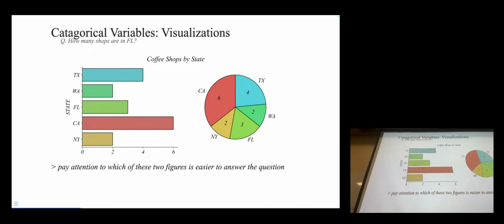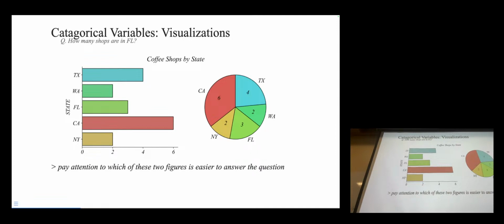Yeah. With the pie chart, you just look at it and you don't have to interpret anything. With the bar chart, you have to look at it and figure out what's between two and four. Nice. So with the bar chart, you have to look at which bar and then run a line to the horizontal axis and then figure out what that number is. Whereas in the pie chart, all we have to do is find the slice and then see the number.